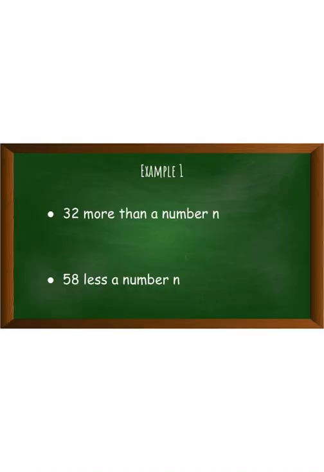All right, moving on. So example 1. So basically what we are going to do is we're going to take a few examples and we are going to turn them into mathematical expressions, okay? So we have 32 more than a number n, okay? The first thing I want you to do for these problems is circle all the numbers or letters that it gives you. So for example, it gave us 32 and n, and it says 32 more than a number n.